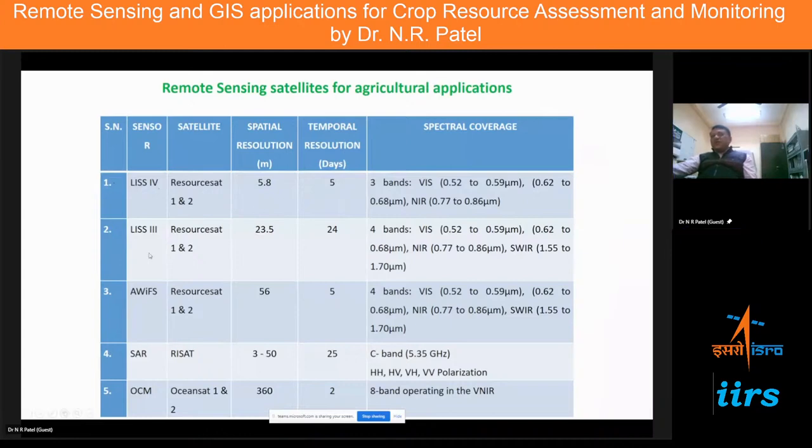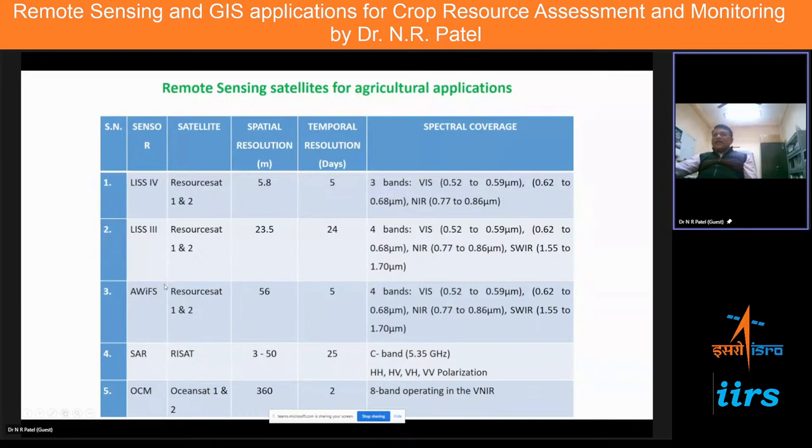LISS 3 is one of the versatile sensors for agriculture monitoring as well as crop type mapping, because it has a 24 day temporal resolution with revisit capability. But one sensor, Advanced WiFS, provides information every 5 days at 56 meter resolution. It has the capability to dynamically monitor crop condition, agriculture drought, phenology, and many other things related to crop yield forecasting.